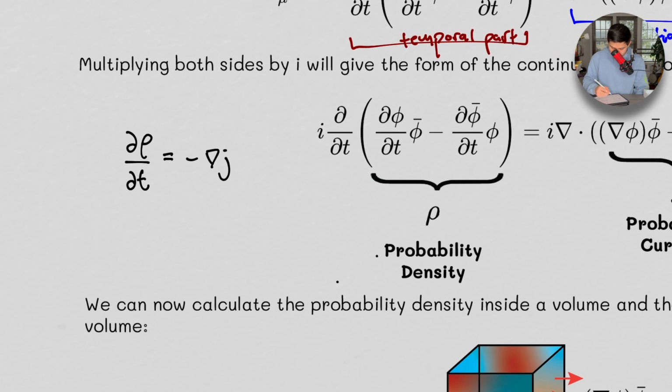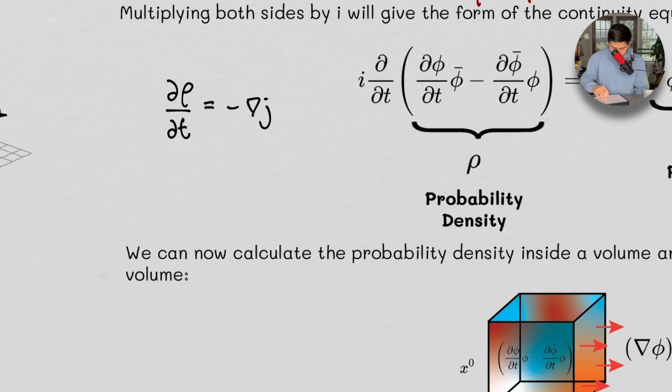The way I like to think about this, to remember it, is that if I have some density, and we have some stuff in this density, say particles, and this stuff is moving outside of the density, then the density itself inside is going to change over time.